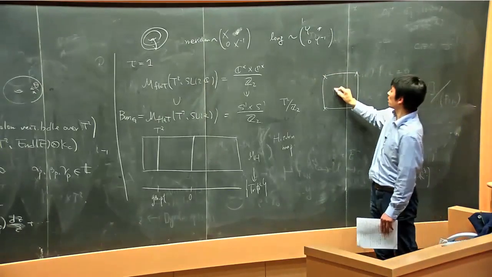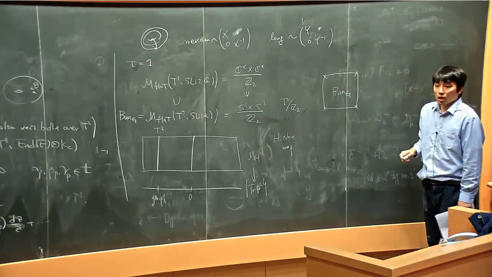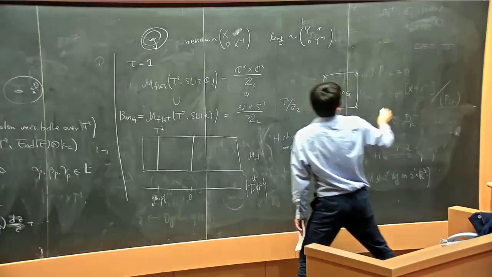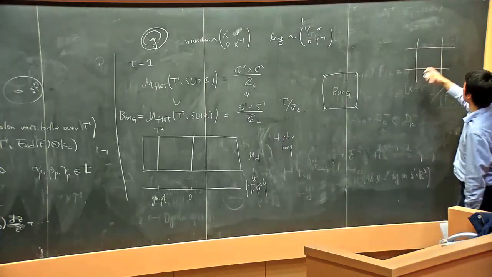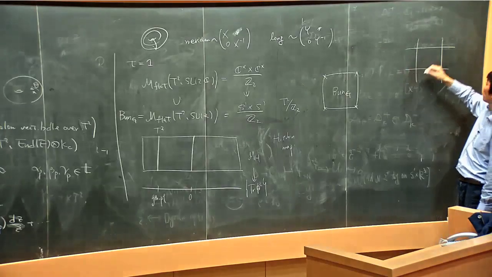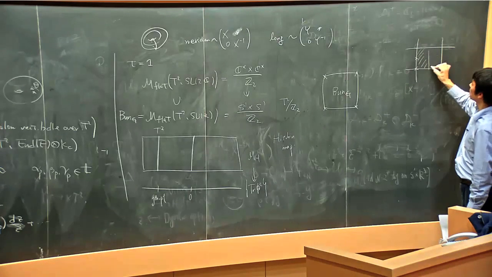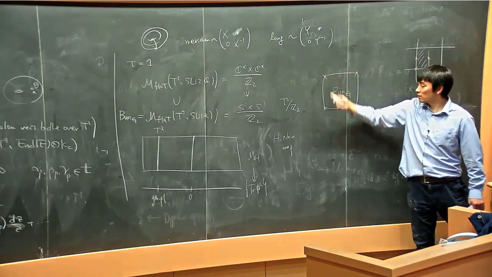I call it Ban G. The reason is that you have a torus and a Z2 action, which identifies opposite points, and the fundamental region is here, so you have four singularities. I just write down these four points.